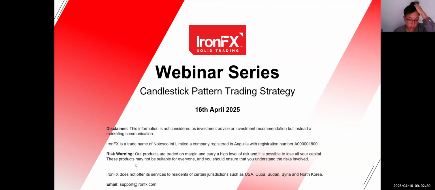All right. So today's session will be quite technical. I would say it's a lot on price action, so bear with me for a little bit, right? We'll be going through quite a number of candlestick patterns. Later on I'll share with you the two patterns that I usually use on a weekly basis.